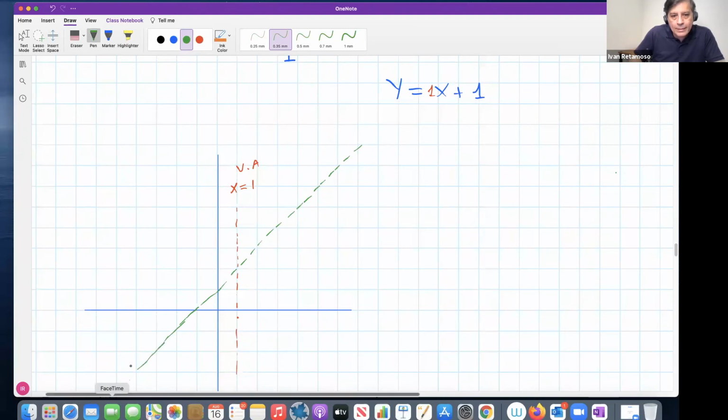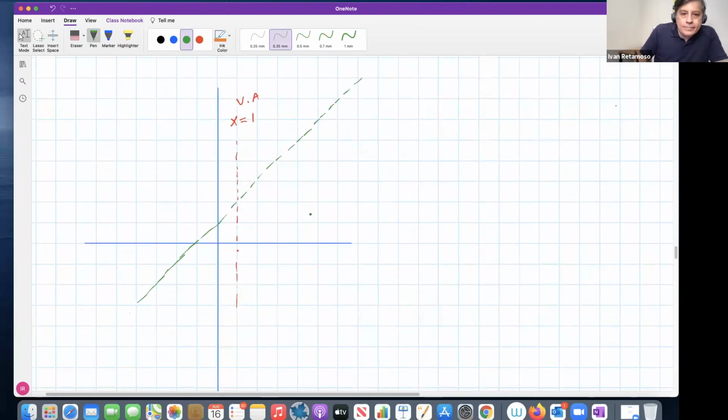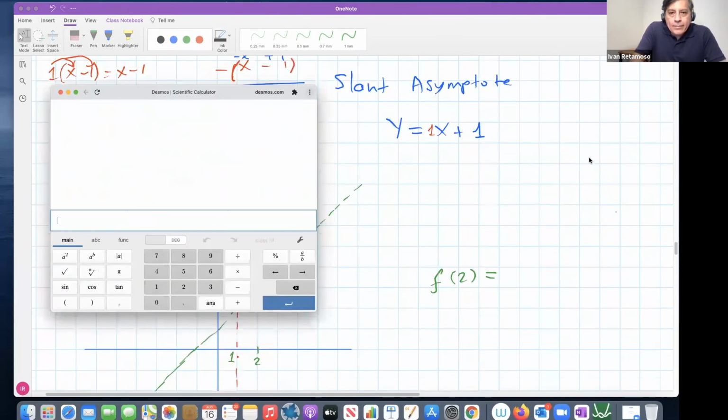All right. So now, using a test point, I know that this is the number 1, so I can use test point 2, for example, and see where the output value lands. So f evaluated at 2 is equal to what? Let's use our calculator.